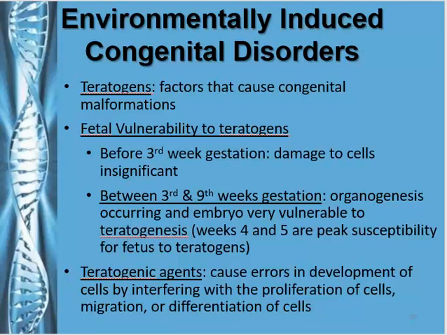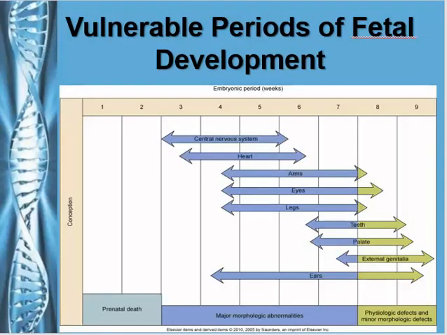So errors in development, interfering with the proliferation of cells or the differentiation of cells in the embryo or the fetus. So in weeks 3 to 6, the central nervous system is developing. A teratogen will probably hurt the central nervous system or the heart.